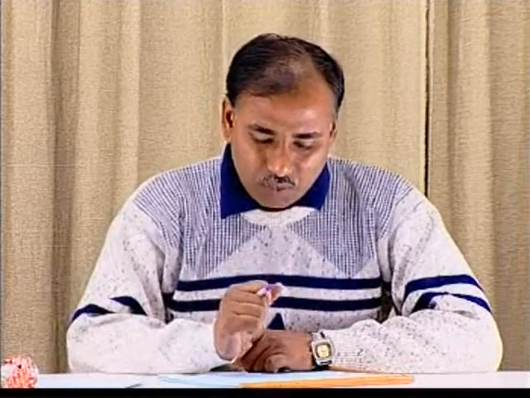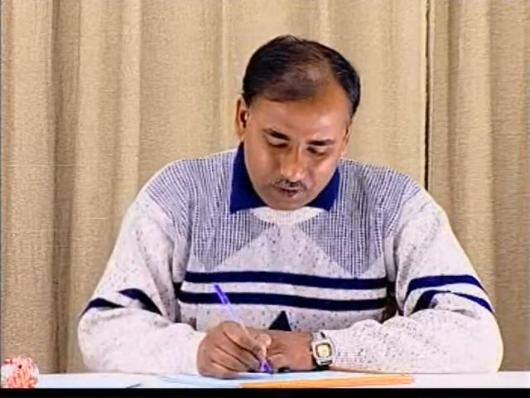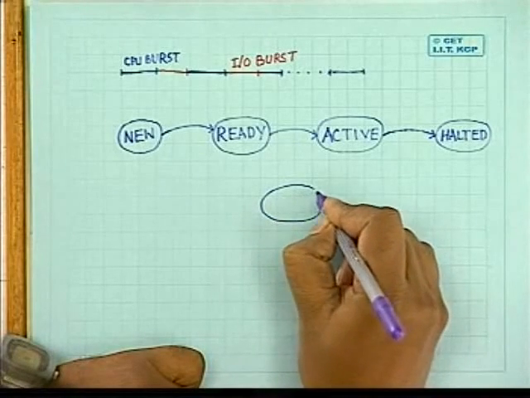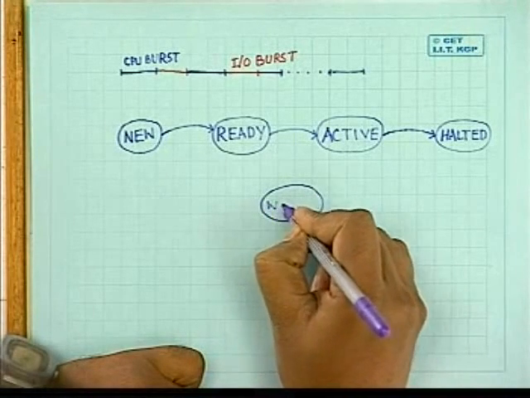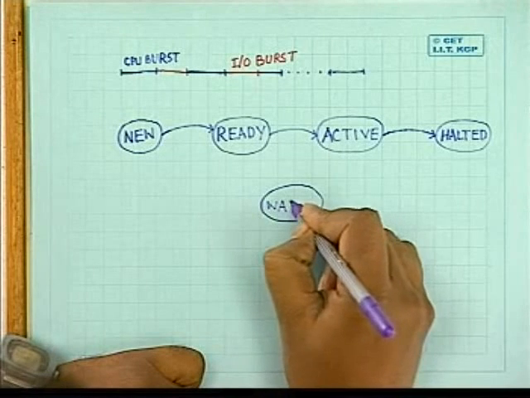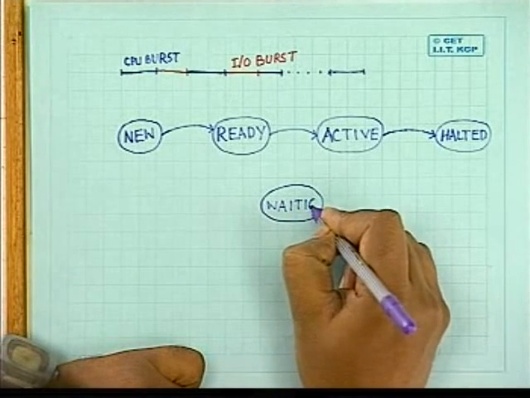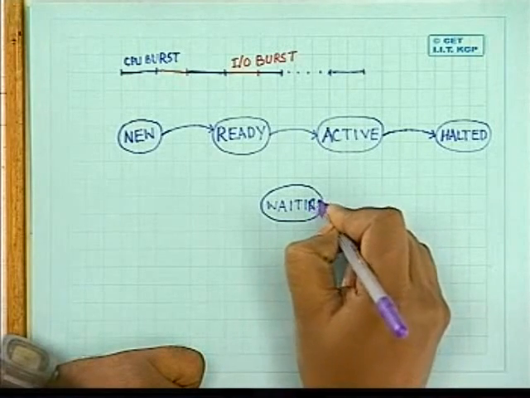So what you can do is, whenever the job wants to perform some IO operation, you just remove it from the CPU and push it into another state which is called a waiting state. That is, it is waiting for some IO operation. So you call this a waiting state.